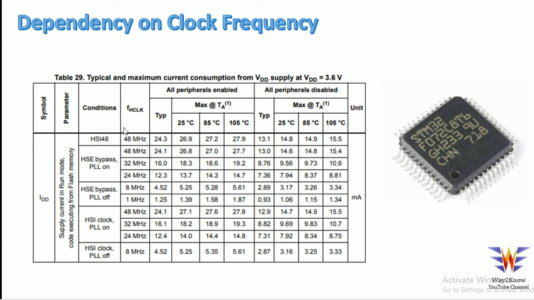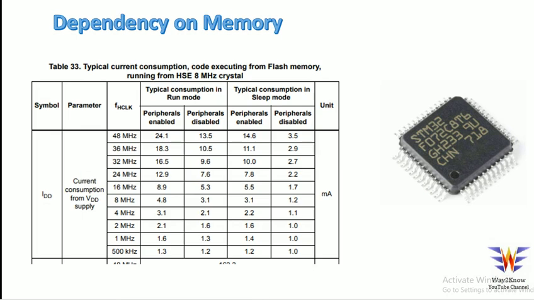So this particular table gives us a glimpse of the power consumption of the microcontroller when this device is operating at different frequencies, and then the dependency on the memory.